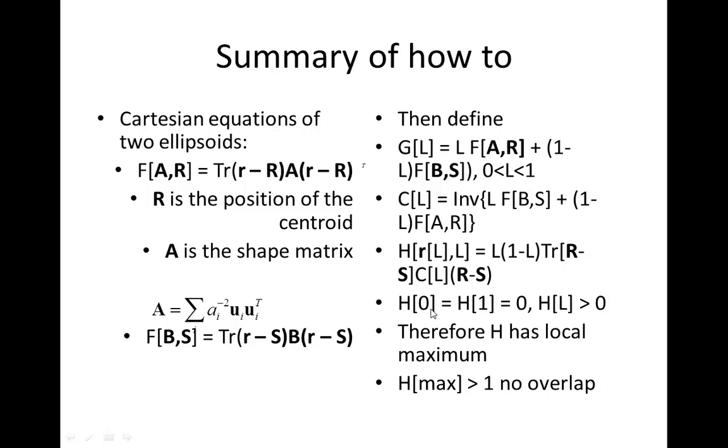And h(0) is h(1) is 0, and h(lambda) is positive, and therefore h has a local maximum. If h max is greater than 1, then there's no overlap. Anyway, this is all standard linear algebra and is quickly calculated.